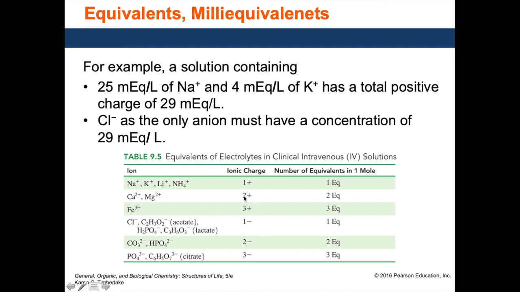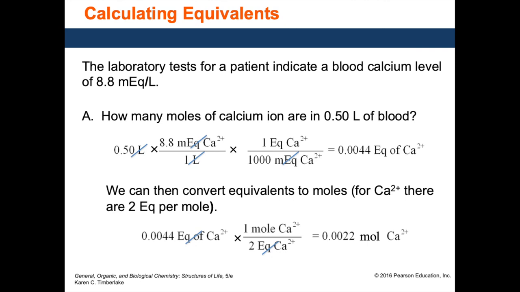So something to watch out for. Whatever your charge is, just multiply by that, and that will correspond to your number of equivalents per mole. So in other words, how many moles you've got, multiply that by your charge, and that'll tell you the number of equivalents. Okay, so here's an example.